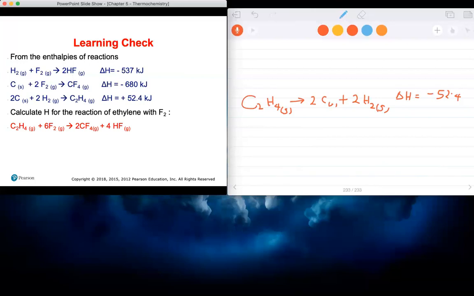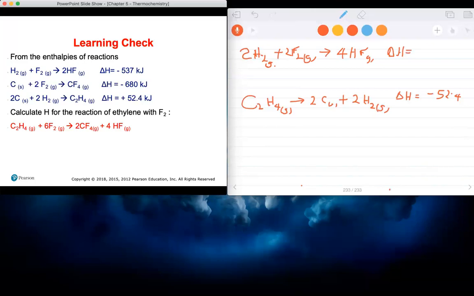So equation 1 will look like this. Hydrogen gas will be multiplied by 2, plus 2F, and this is gas, by the way. Fluorine gas, this is 2, by the way, going to 4HF, and this is gas. So delta H, I multiply by 4.